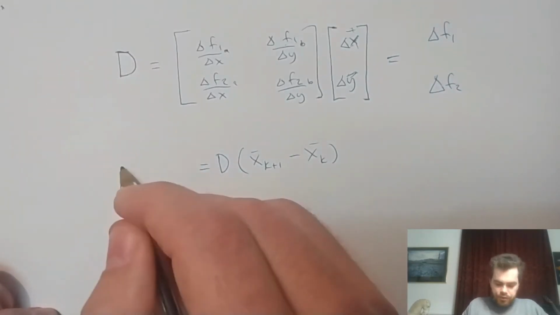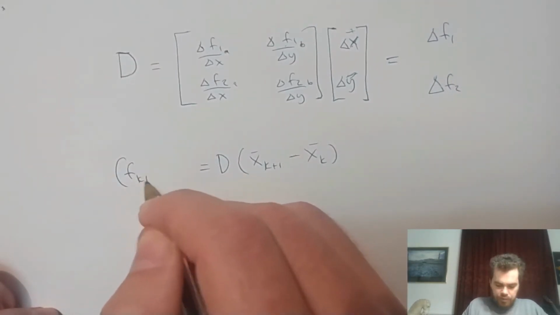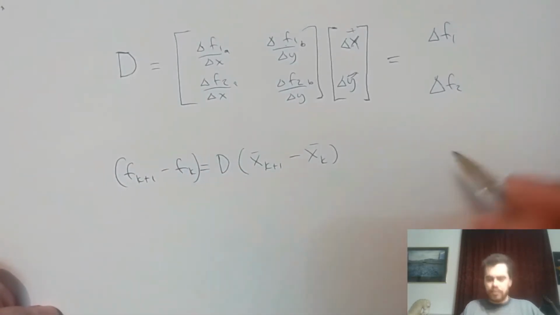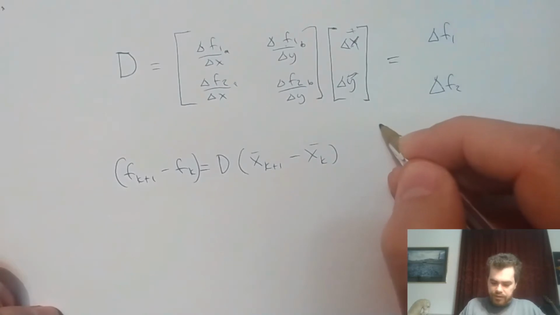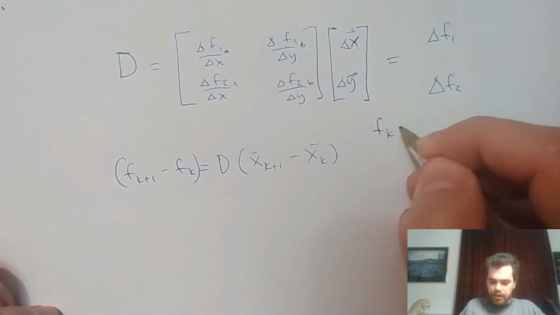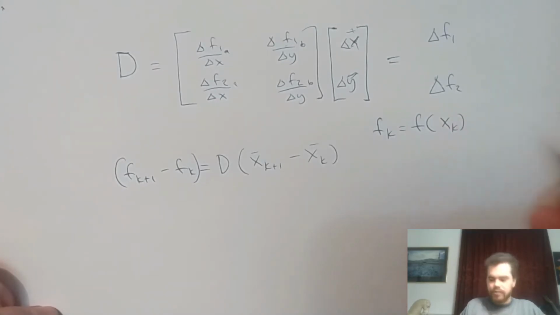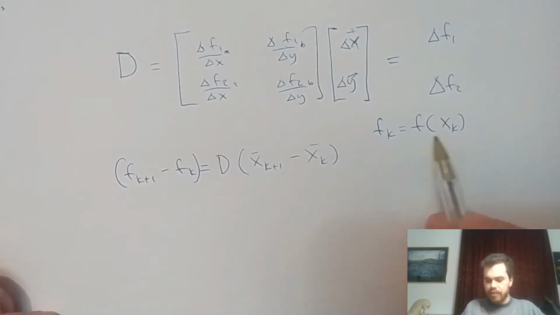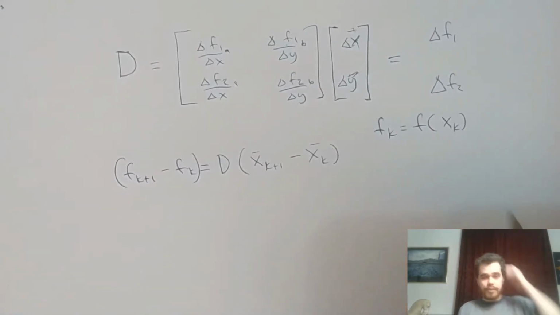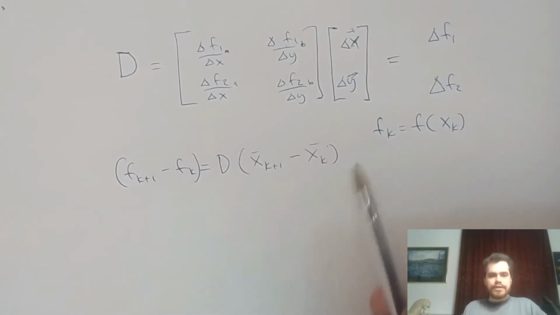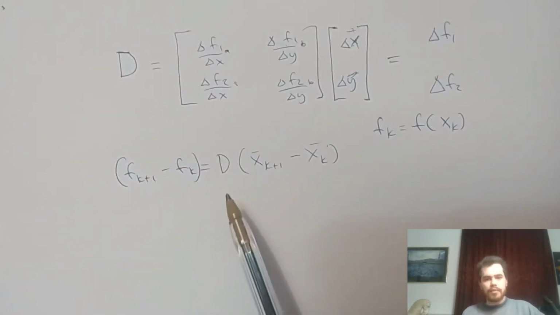All that is equal to f k plus 1 minus f k, where f k is f at x k, and likewise f k plus 1 would be f at x k plus 1.